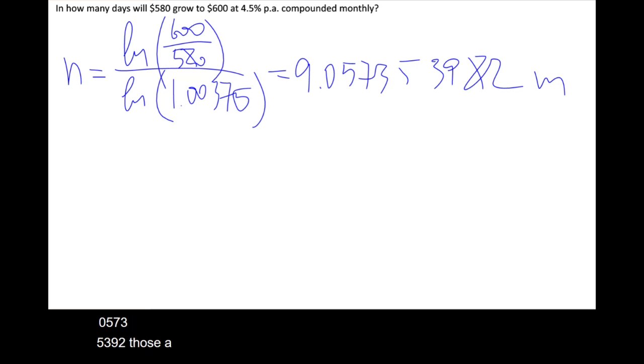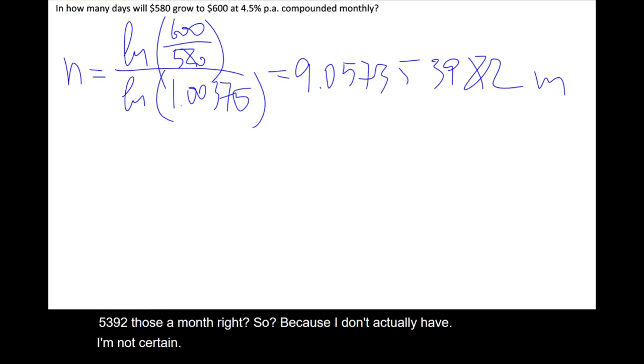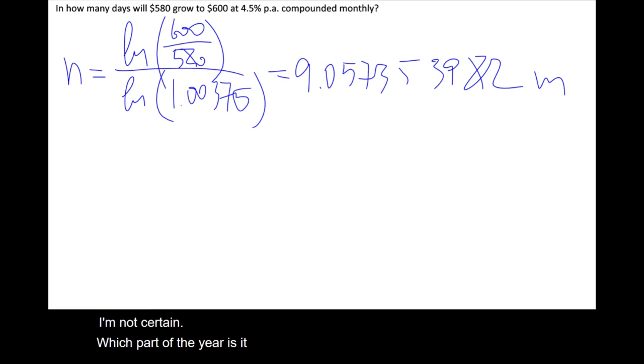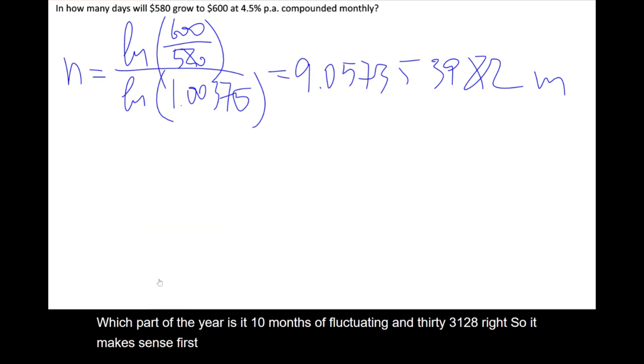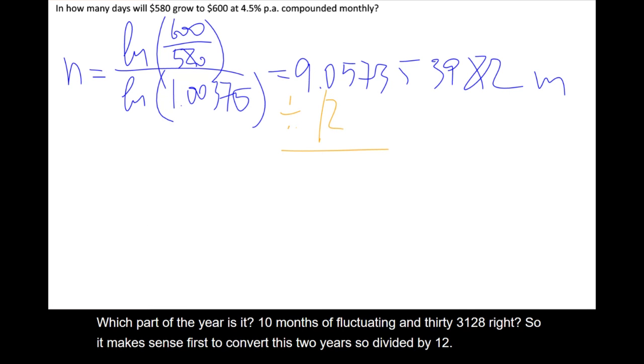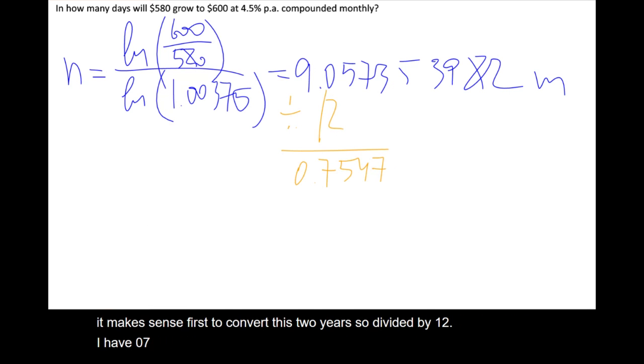Those are months, right? I'm not certain which part of the year it is, and months are fluctuating, like 30, 31, 28, right? So it makes sense first to convert this to years. So divided by 12, I have 0.7547794998.